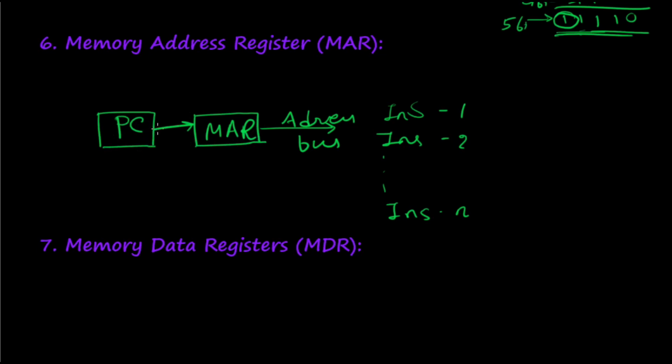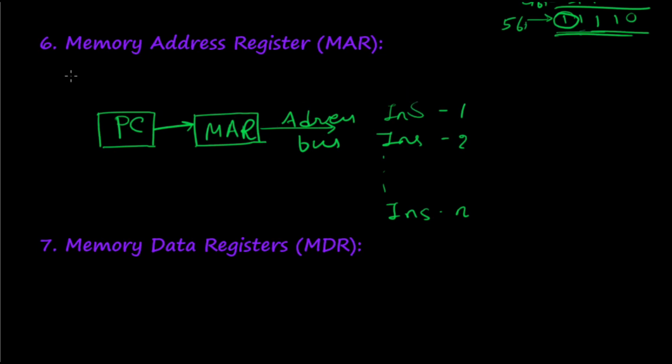It will simply forward that to the MAR, and the MAR will forward that again to the address bus, and it will go and reach the main memory. So you can say that this works as a buffer. Buffer means to temporarily hold that data, hold that address. So this memory address register will decide when to give the address and when not to. According to the situation, that would be happening.